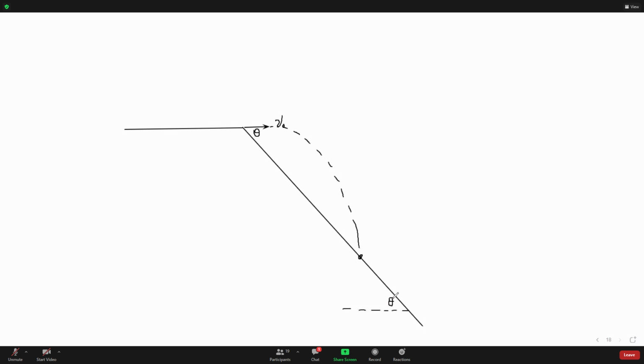Now there's more than one way to solve this problem, but many times in this class, we're going to rotate the coordinate system to be a more convenient set of coordinates. So for example, I am going to define a new coordinate system that aligns with the cliff face.